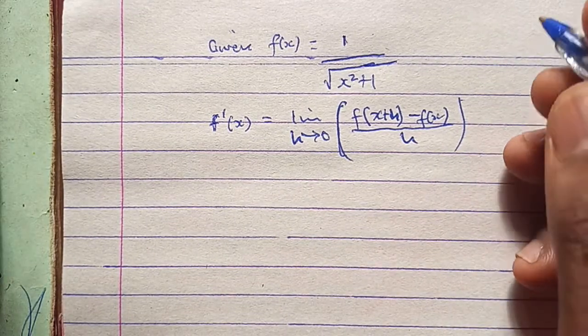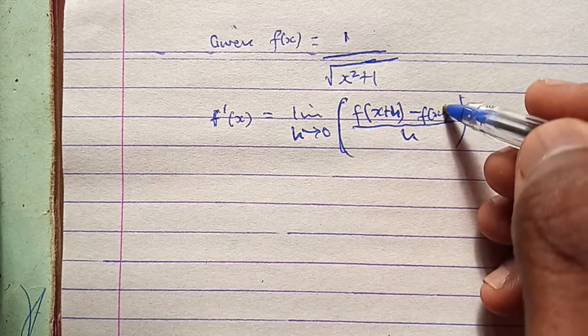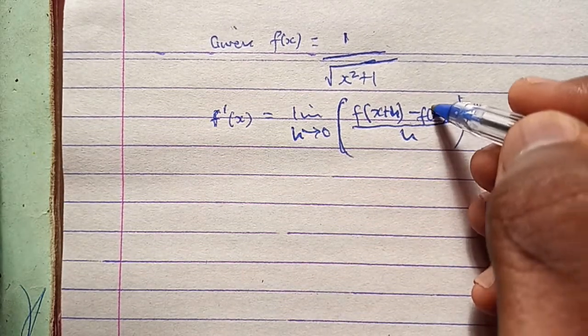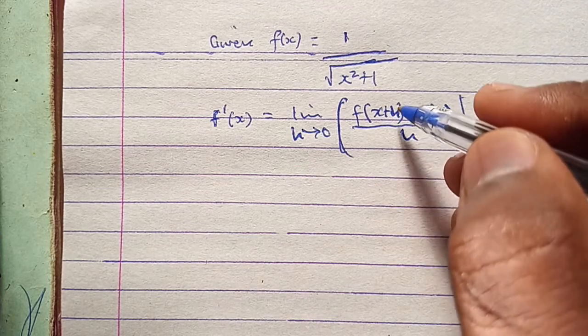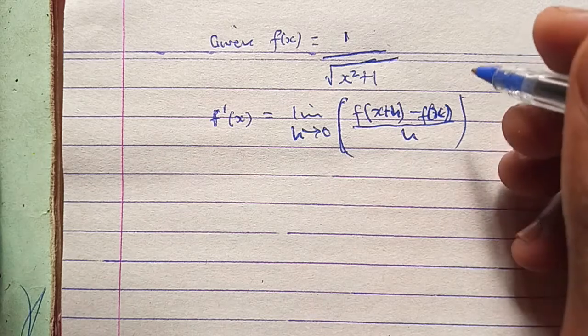So have you seen that? Then our aim here now is to get f of x, which is the original function, and then get f of x plus h as well. Then we do the necessary operations.